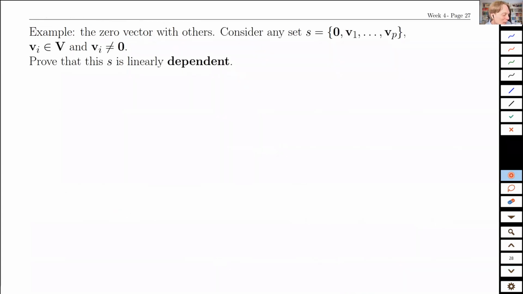All right. A couple of other boundary cases. Last time we just had one single vector, the 0 vector by itself. What if I had the 0 vector in with a bunch of other things? Well, not too surprisingly, we're going to get a linearly dependent set out of this, because we have the 0 vector times alpha naught, let's say, plus alpha 1 v1, plus up to alpha p vp.